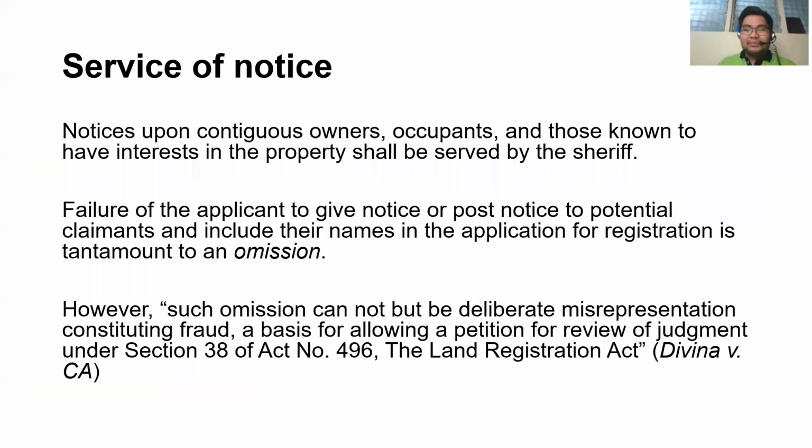Next slide, please. Services of notice. Notices upon contiguous owners, occupants, and those known to have interest in the property shall be served by the sheriff. Failure of the applicant to give notice or post notice to potential claimants and include their names in the application for registration is tantamount to an omission.